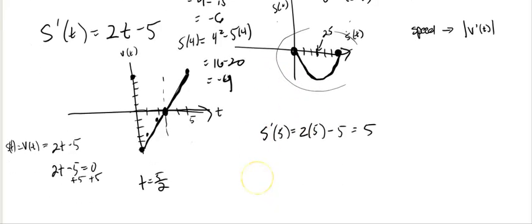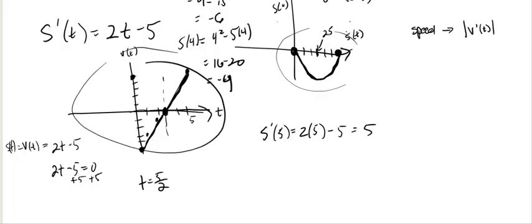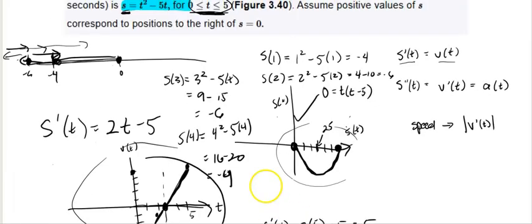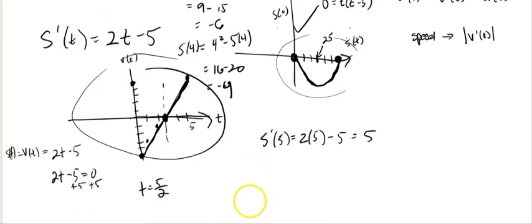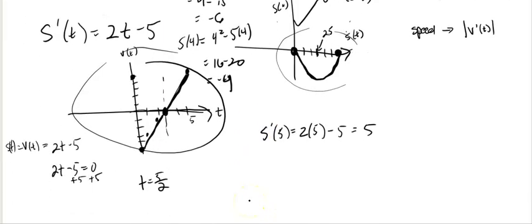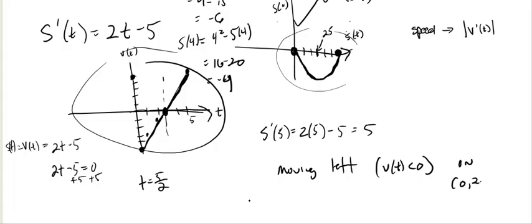Based on just this, we don't even need to look at the graph. We can say, based on the velocity function, it's moving left because velocity is negative on 0 to 2.5.